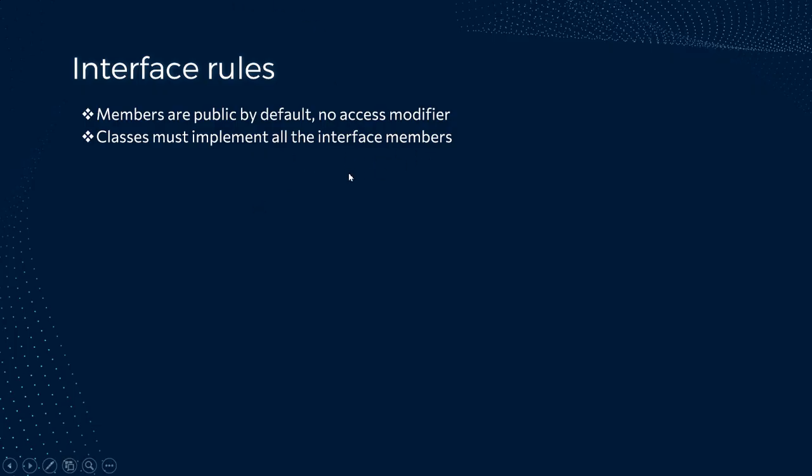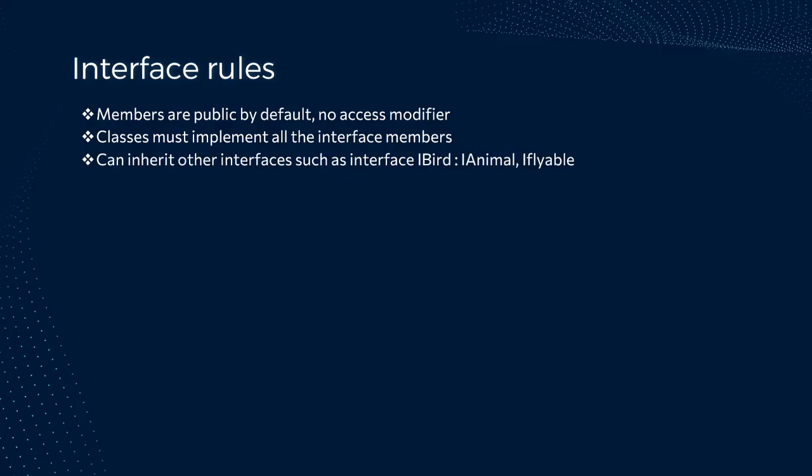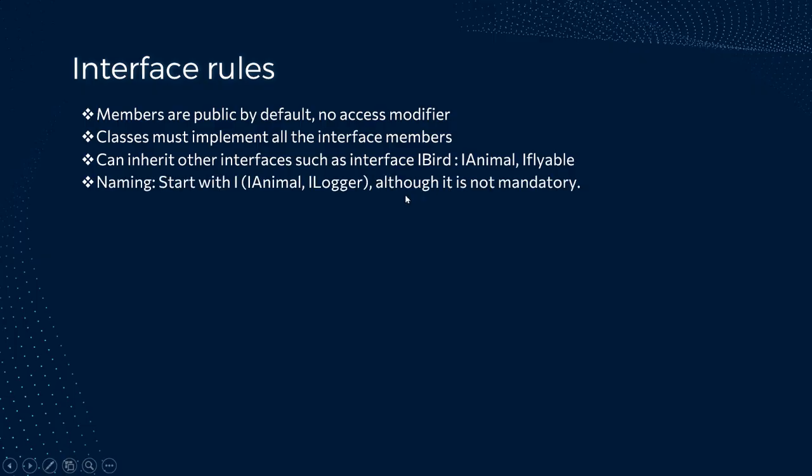You cannot skip it; you have to implement it. And an interface can inherit other interfaces, such as interface iBird can inherit iAnimal or iFlyable. And naming starts with I, for example iAnimal, iLogger. It should start with I, but it is not mandatory.